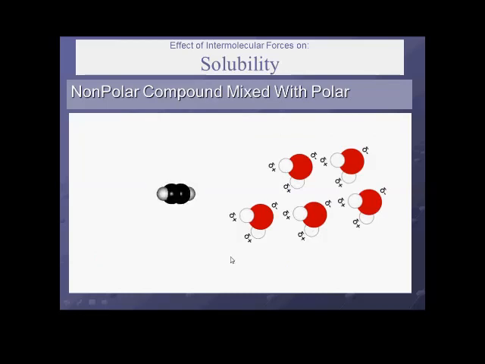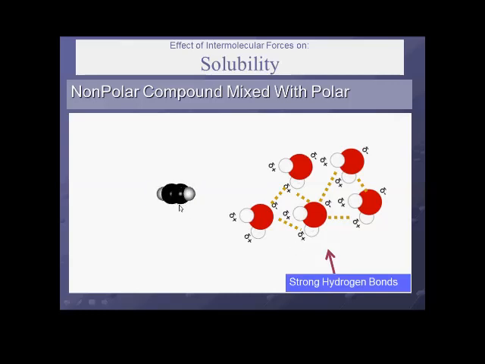But what if we tried mixing something nonpolar with something that is polar? Here we have some water molecules. Here we have a nonpolar ethylene molecule. Now, if we consider what's going on with the water molecules, these guys are all held together by hydrogen bonding, so they are very attracted to each other.